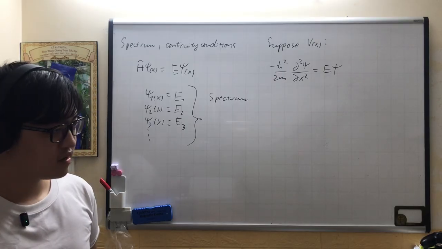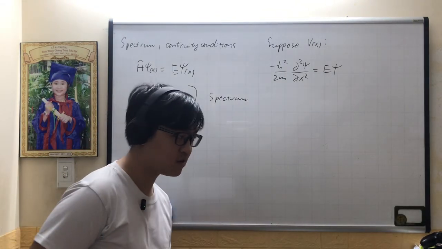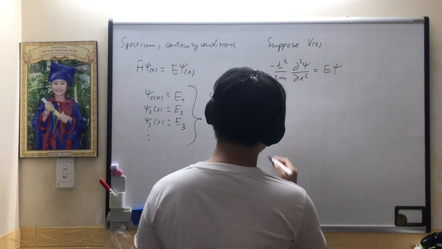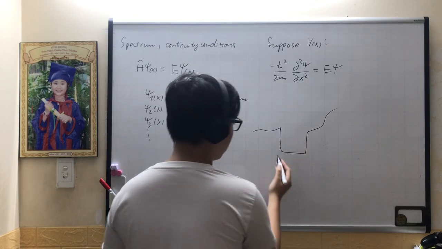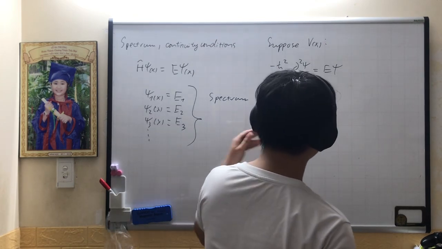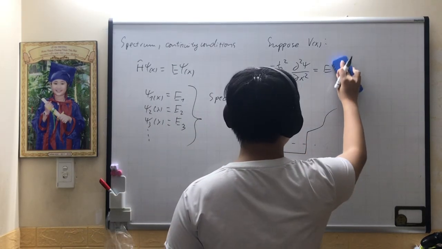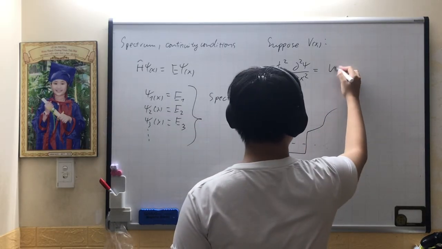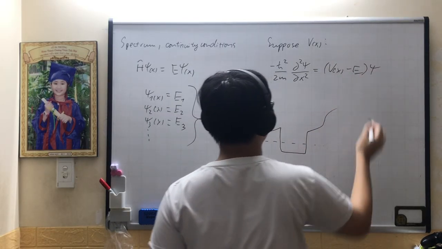And here, let's say that your potential is greater than your energy. Let's consider your potential to be something like this, and your energy is somewhere here, so that is less than the potential. So we would have to rewrite this as your V of x minus your E, times psi.